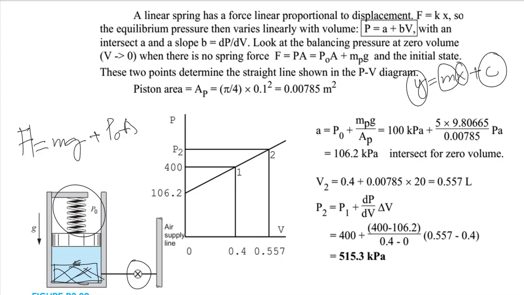So in my terms, P pressure is on the y-axis, slope would be equal to delta P by delta V, x is V itself, and c is my y-intercept, which would be the P at zero volume.